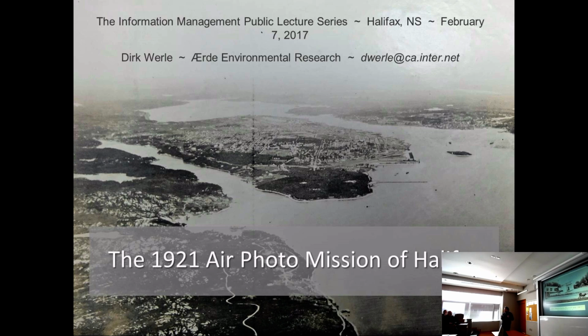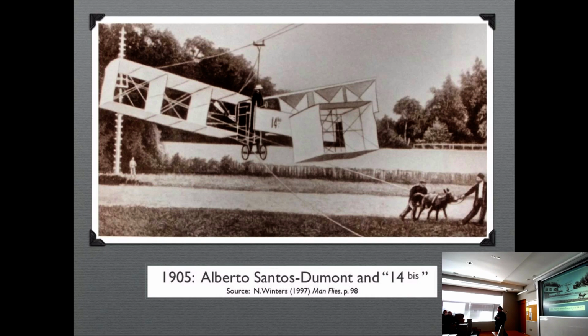But let me come to the first convergence, that of flight and photography. Flight in 1905 was not an assured thing, as you can see from this particular photo. Yet, Alberto Santos Dumont, who was a contemporary of the Wright brothers, and they were head-to-head on getting airborne, didn't wait.